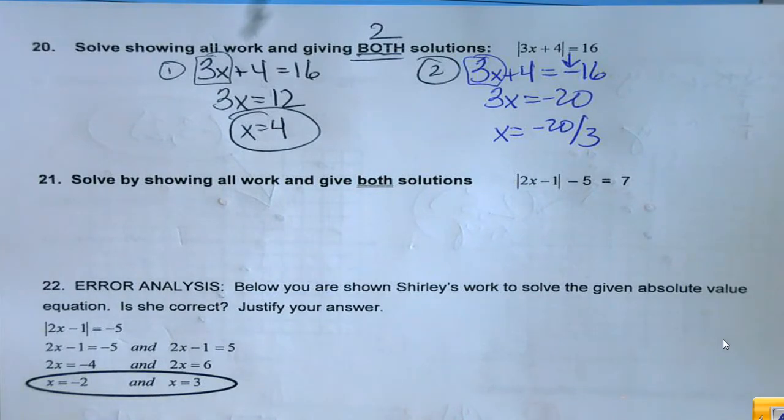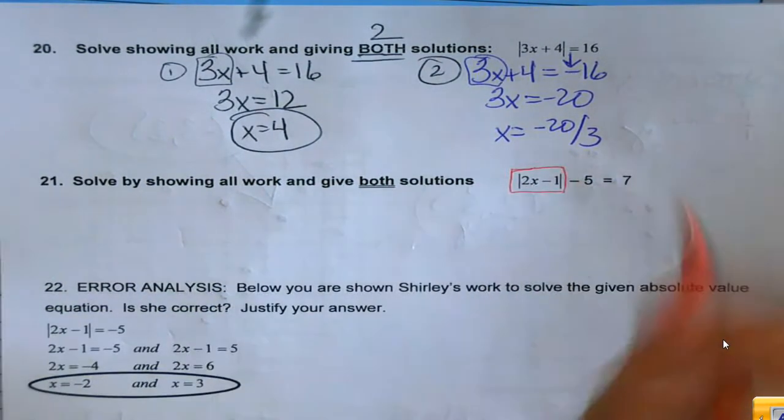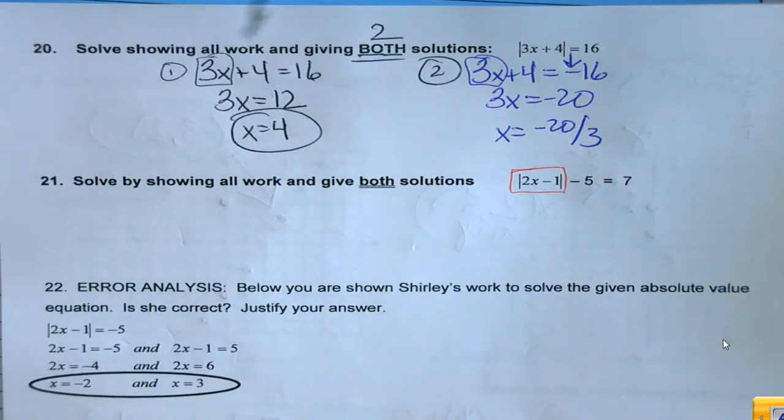And then you're like, okay, why'd you do 21? Because it's just like 20. Here's why. And we talked about that some, and we had that up on the board for the past couple of days. You have got to make sure that your absolute value is isolated before you split these. If you don't, you're going to mess up one of your 2 answers.